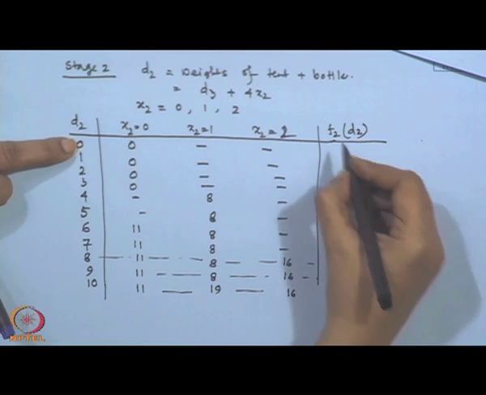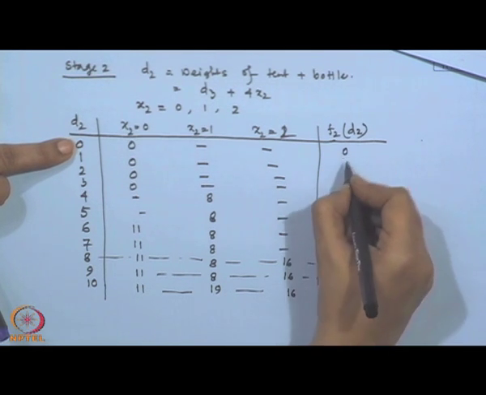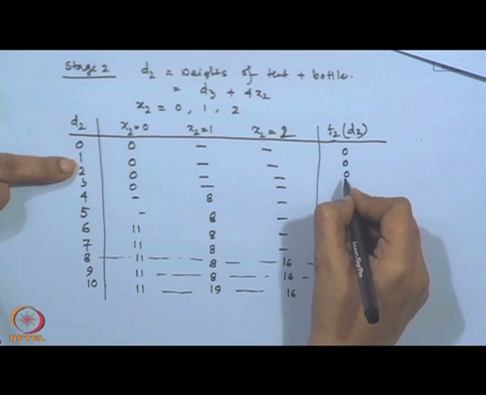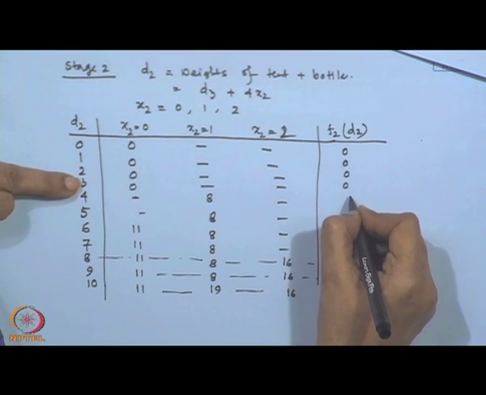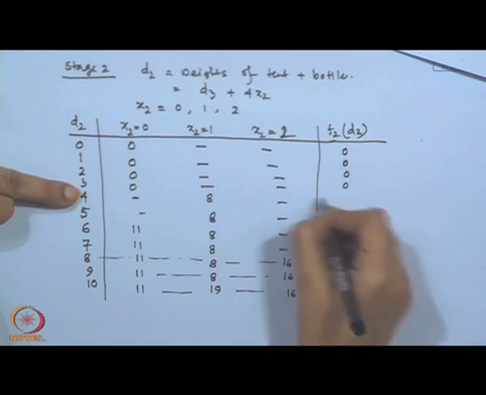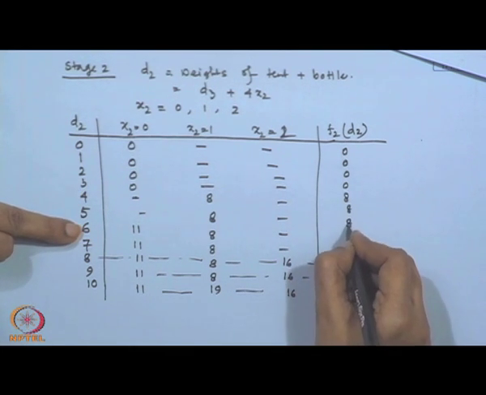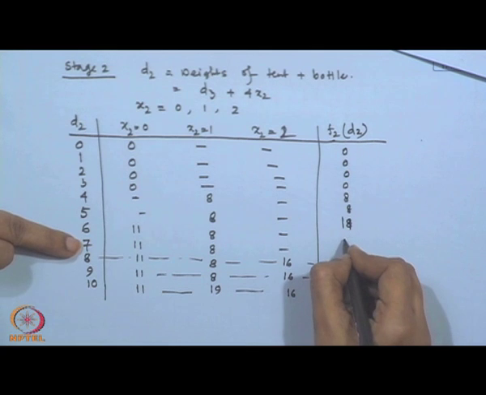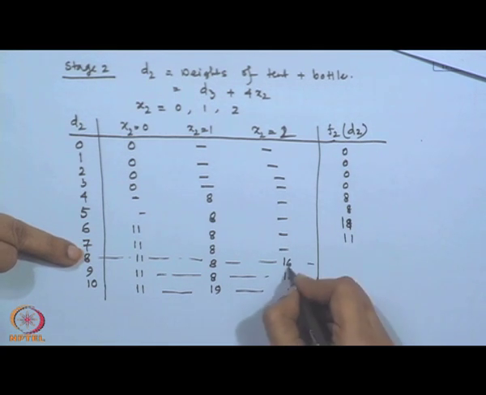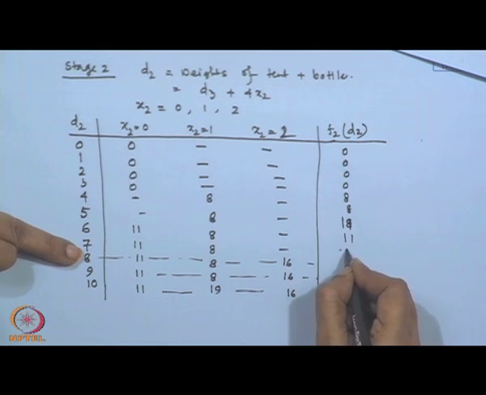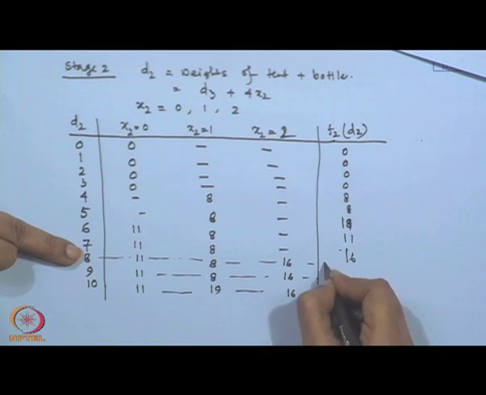When D2 equal to 0, the utility value is 0. If I just move in this way up to 3, this is 0, up for 4 it is 8, again for 6 it is 11, for 7 it is 11, for 8 maximum value is 16, this is for 8.